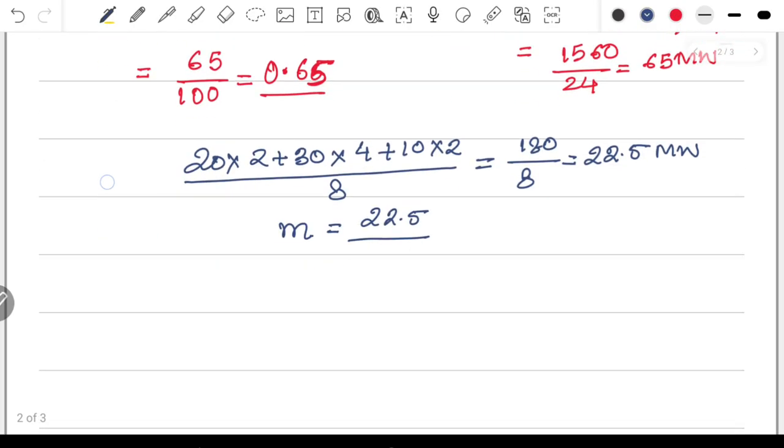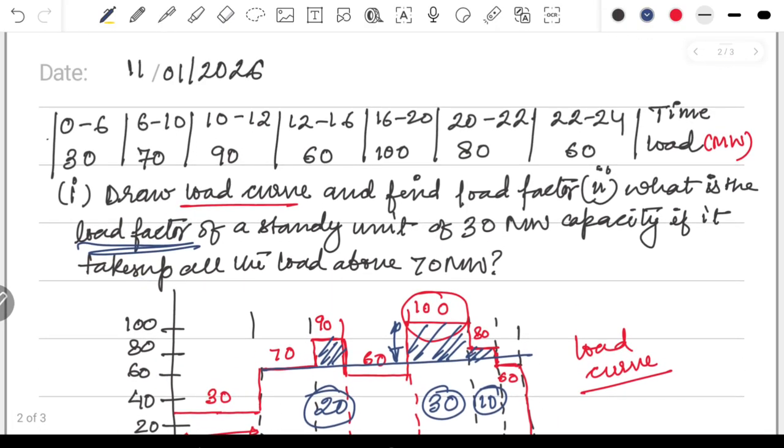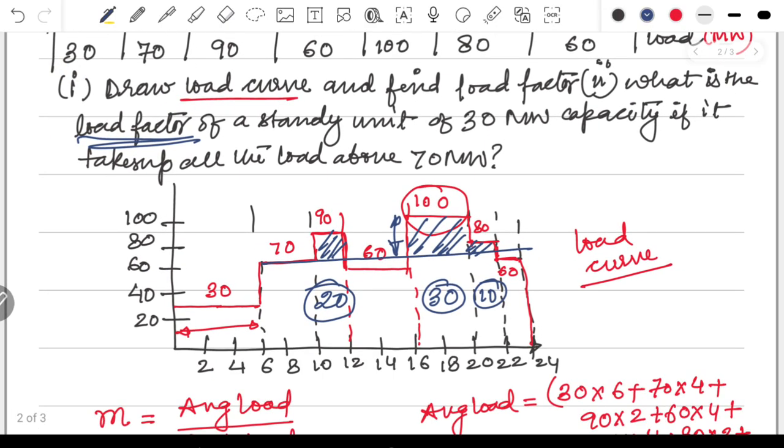So divided by 30, this will come out as 0.75. So in this way, with the help of the knowledge of different factors, you can evaluate different types of factors. Let us take one more problem.